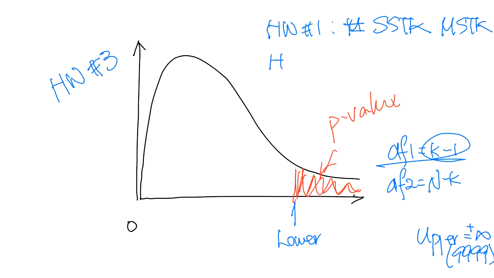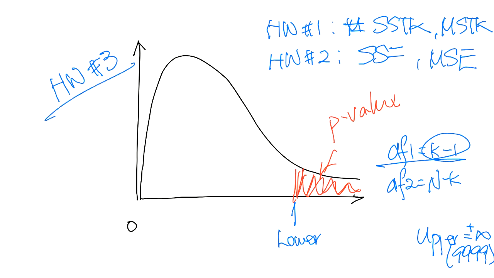And in homework number 2, at the beginning today, we discussed taking the SSE and MSE. Now, in homework number 3, I will ask you to take the F test statistic. When you finish homework number 2, you already took the 2 MS. Then simply take the ratio to get the F test statistic and p-value.